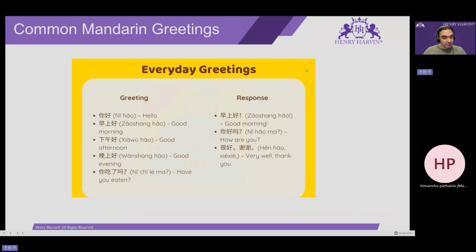And then we have good evening, which is 晚上好. This is used for good evening. And then, have you eaten? 你吃了吗 means have you eaten?